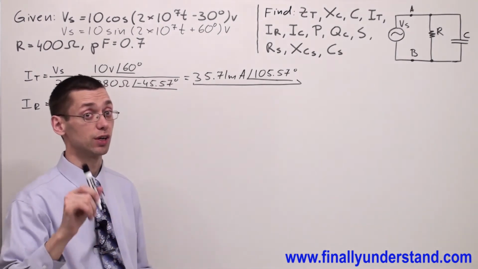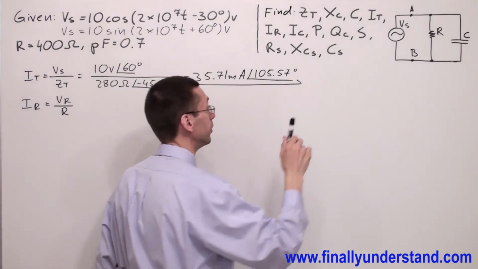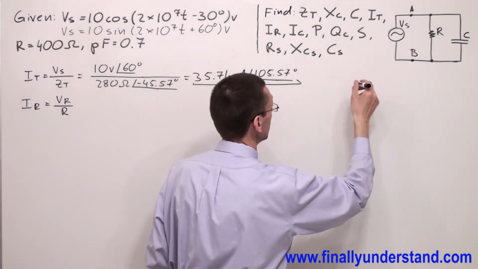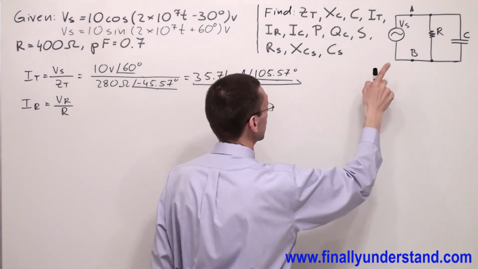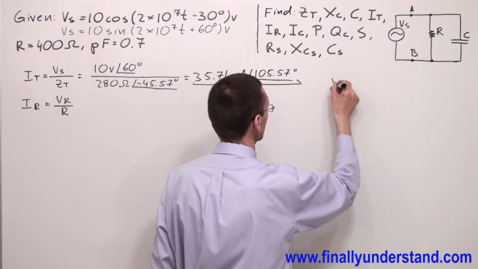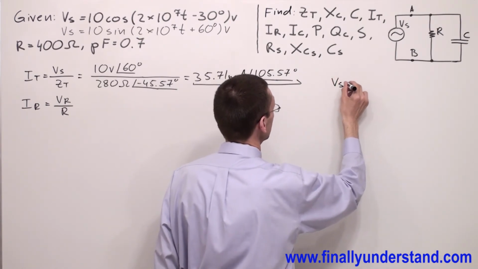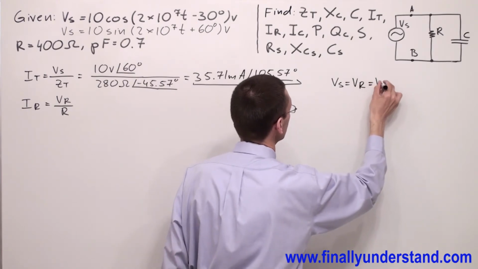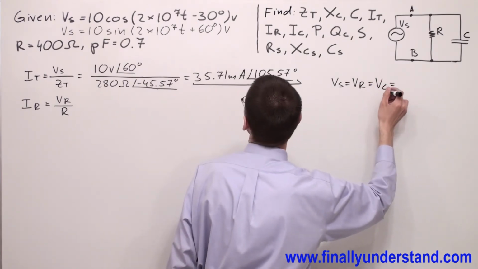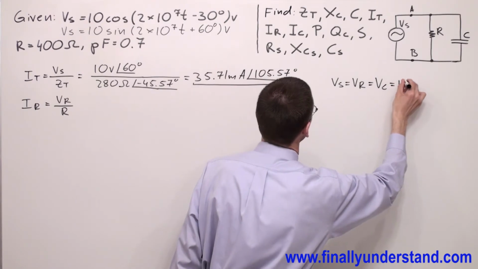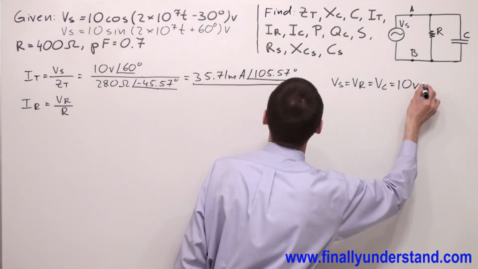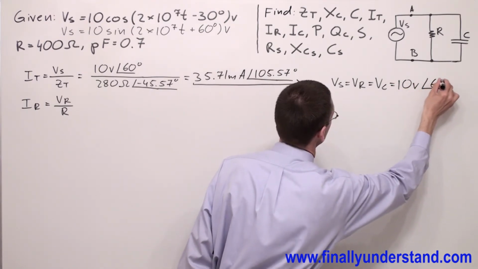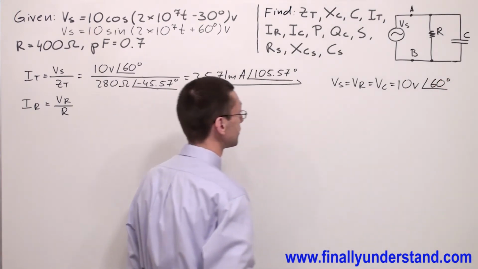Voltage across the resistor is given. Why? Because this is parallel circuit. In parallel circuit, the voltage across each component is the same. That's why I'm supposed to write voltage source is equal to voltage across the resistor, and this is also equal voltage across the capacitor, which is equal 10 volts and angle of 60 degrees.